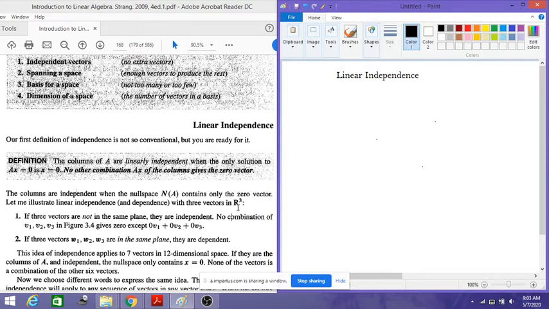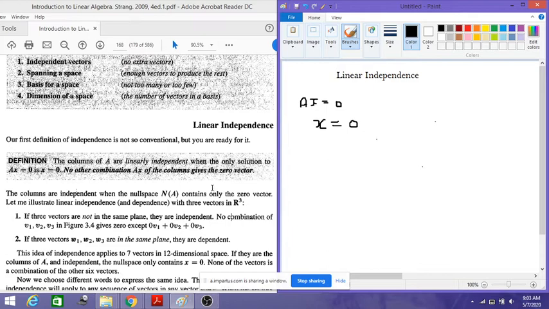One method of defining linear independence is when we have Ax equal to 0, in the null space. For the columns to be independent, the only solution is that x should be equal to 0. Then we say they are linearly independent columns, and no other combination of columns of A gives the 0 vector.